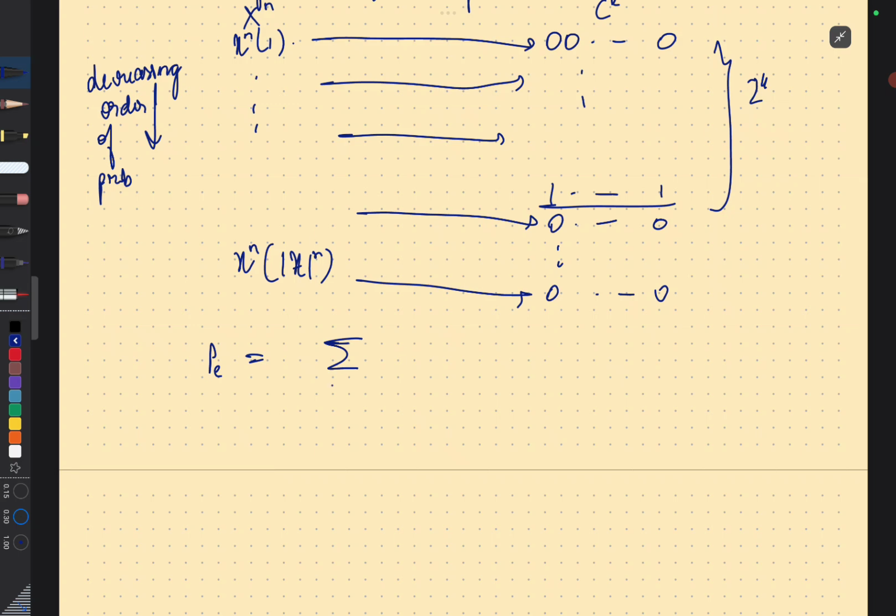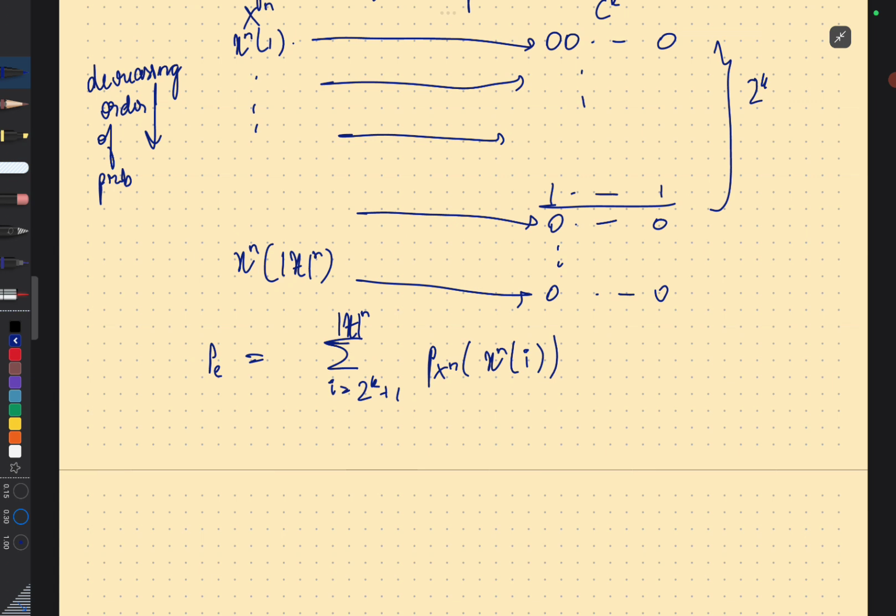So this is just summation i equal to 2 to the k plus 1 up to size of x to the n of the probability of the ith source sequence listed in decreasing order of probability. Right?